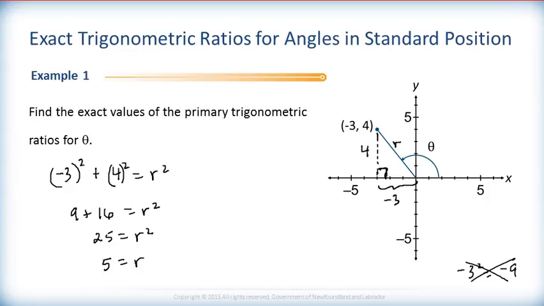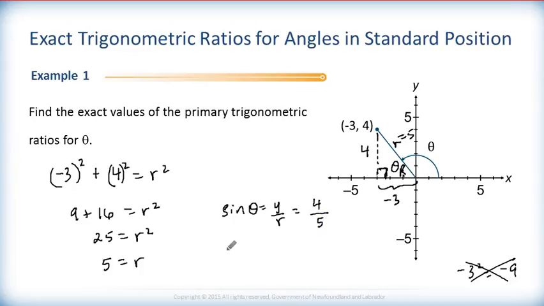Now, we're asked to find the exact values of the primary trigonometric ratios, so that means we want sine theta. That's your y value over your r value, your opposite over your hypotenuse, from the reference angle. Here's your reference angle right here. So the opposite is 4, and the hypotenuse, we now know, is 5.